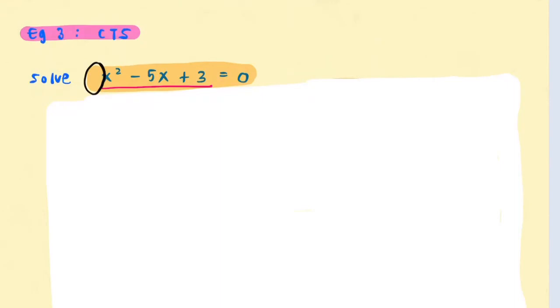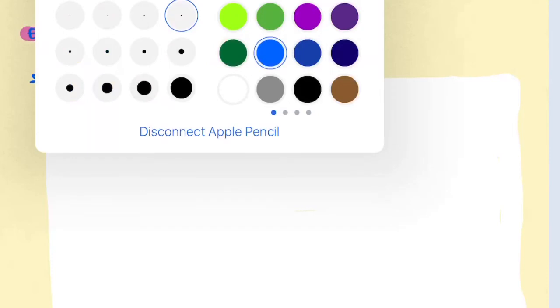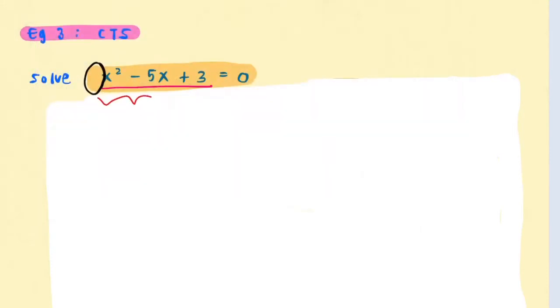Alright, so let's focus on these 2 terms here to put it into a completed square. And then plus 3, we don't want to touch it yet. You can put it at the back here, or you can bring it to the other side straight away. Okay, so it is minus 3.